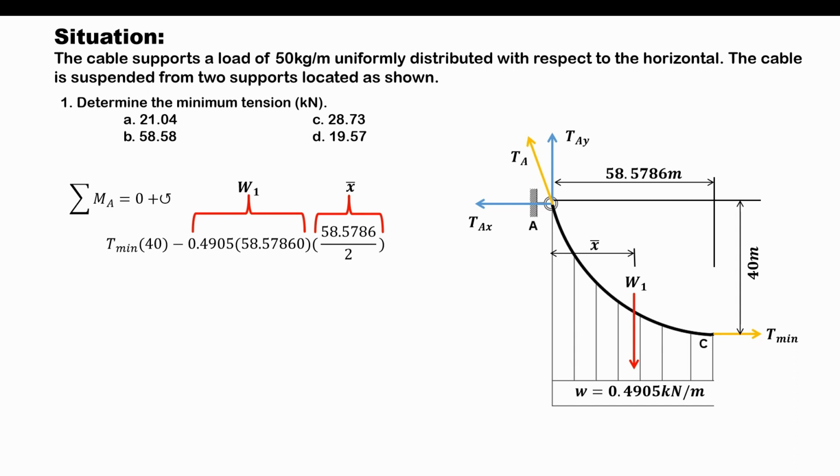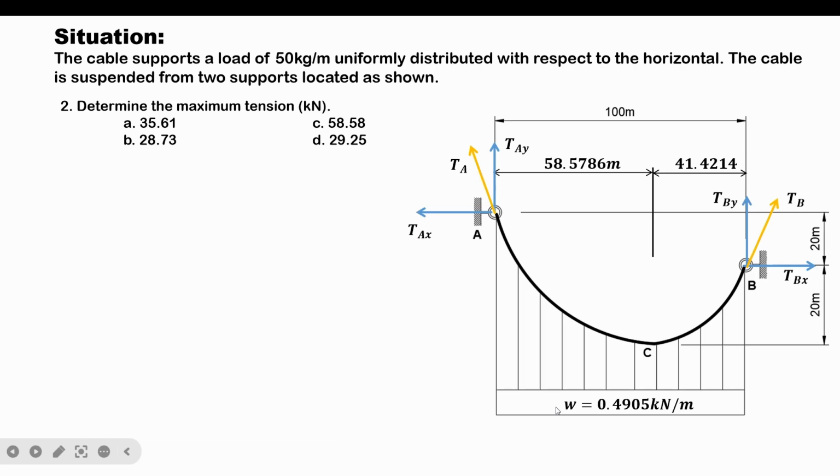If you look at the free-body diagram, there is no more force that has a moment value about A. Therefore, the equation will now be followed by equal to 0. If we simplify this equation, we can now get the value of the minimum tension, which is equal to 21.0391 kilonewton, and our answer for number 1 would be letter A.